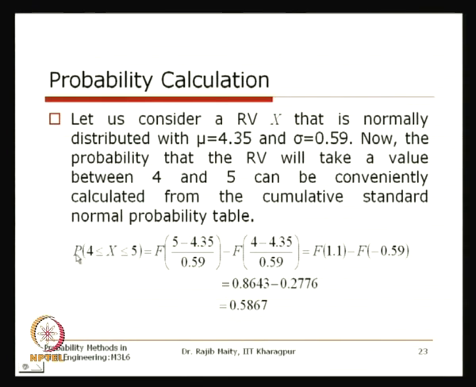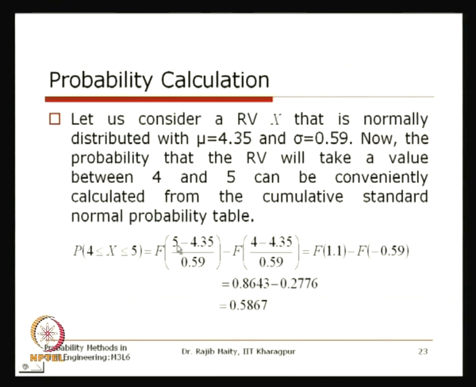How? Our intention is to get the probability of x lying between 4 and 5. First, we convert these two limits, 5 and 4, to a reduced variate. How do we convert to the reduced variate?